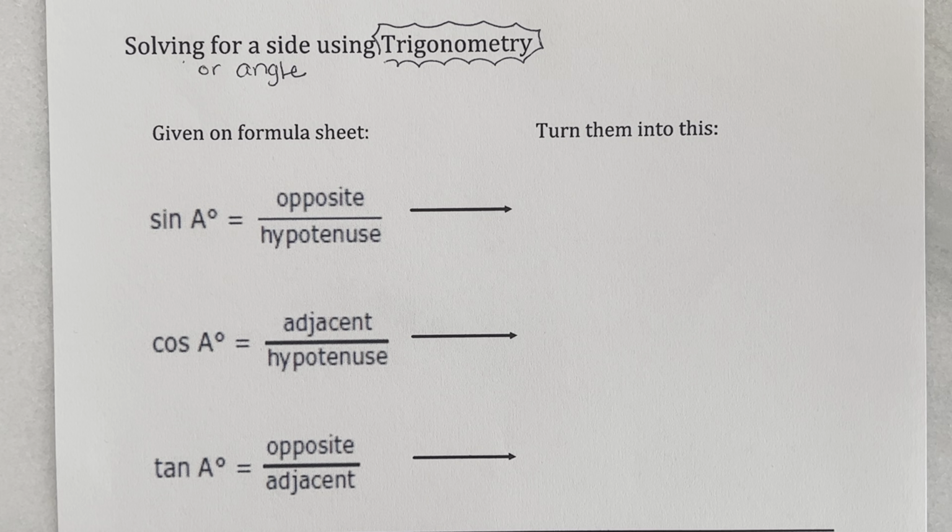Then adjacent goes on top, that's the x, and hypotenuse is 78. If we cover up the x, because these are next to each other, that indicates multiplication. So we're just going to do cosine 35 times 78.